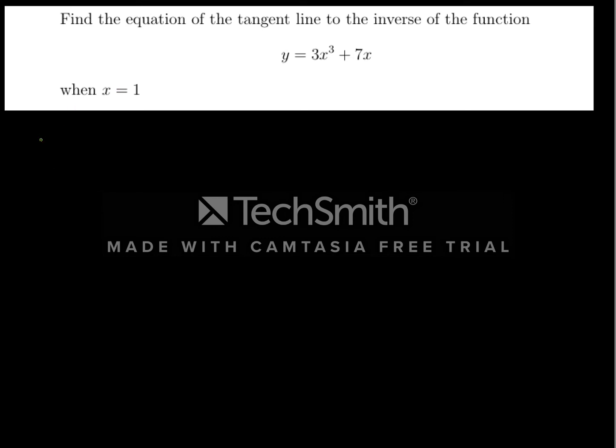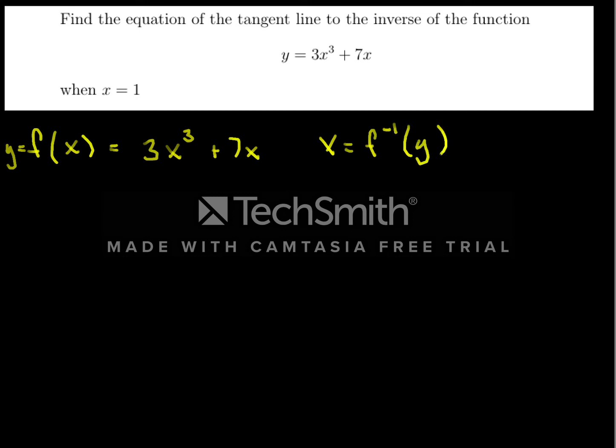If I said y equals f of x is our 3x cubed plus 7x, then x would be our f inverse of y. So now y is our independent variable, where x is our dependent variable. And before we go any further, let's investigate what we know about this.